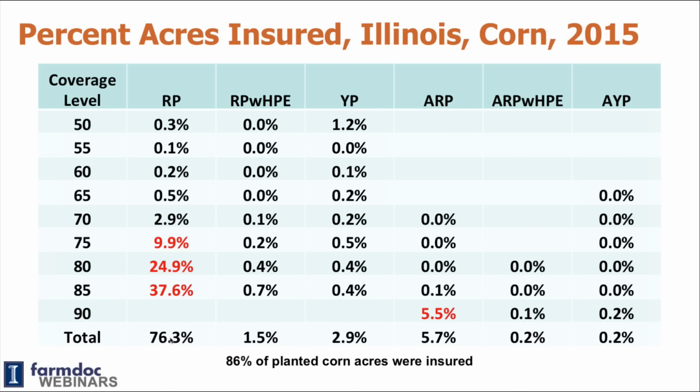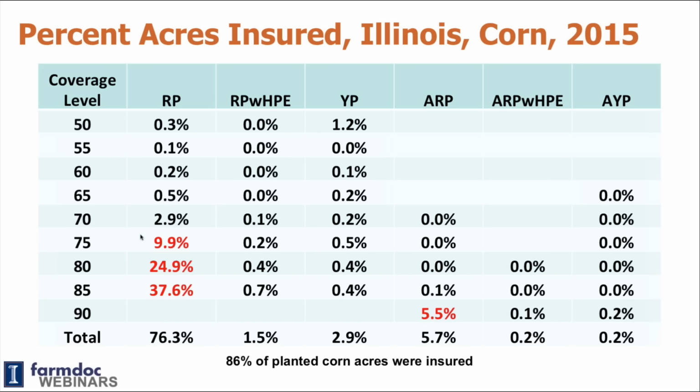76% of the acres are insured with RP, and they're primarily done at the 75, 80, and 85% coverage levels. And if you're looking at Illinois, 80 and 85 predominate in the northern and central part of the state.